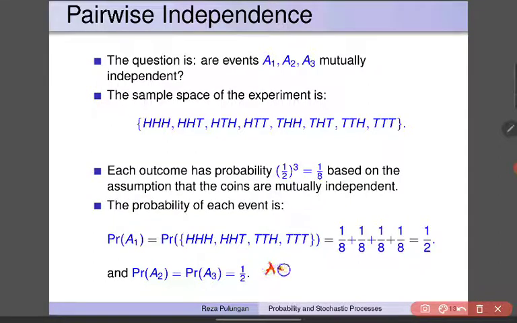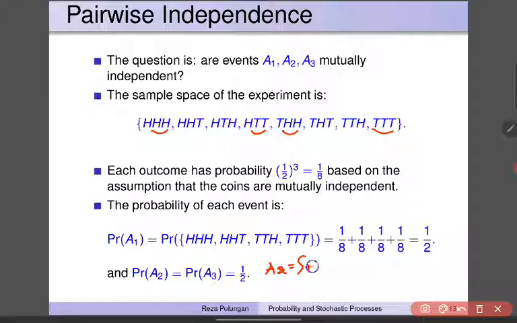A2 happens when the second and the third coins produce the same. So the second and the third, this happens for this outcome, for this outcome, and then also for this outcome and for this outcome.